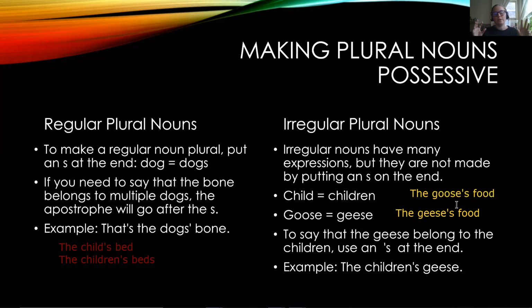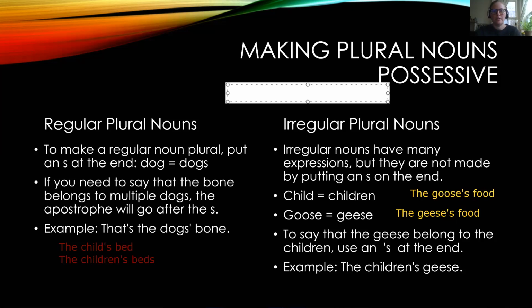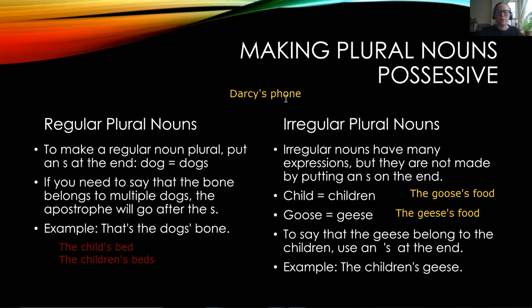Usually, not all the time, but with a lot of more simple sentences, the noun that follows this noun, whatever belongs to someone, like Darcy's phone, we're looking at Darcy's phone. The word phone comes right after my name. So we can say, oh, this is what is being owned or possessed. It's coming after this main noun that owns this one. So that word order can help too. But sometimes it'll be a little more spread out, the more complicated sentences you get.